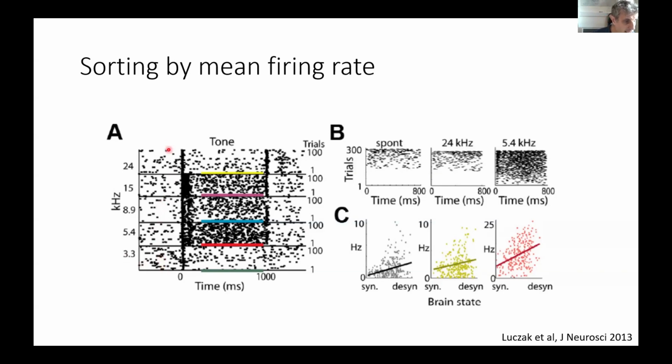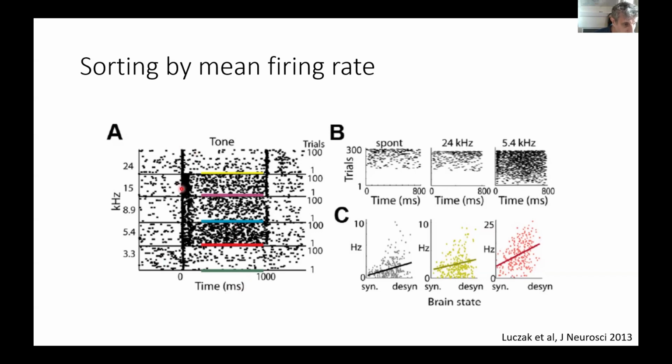There are 5 different tone frequencies presented from 0 to 1000 milliseconds, so a 1 second tone. And the trials here are sorted into 5 bands, each of 100 trials, one band for each frequency. And within these bands, they're not sorted.